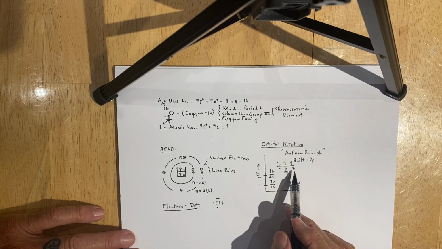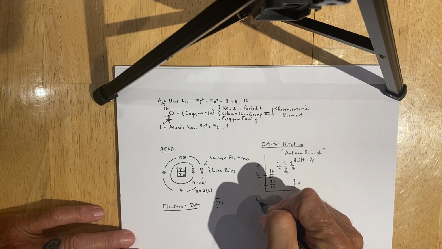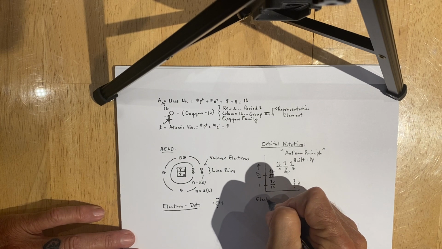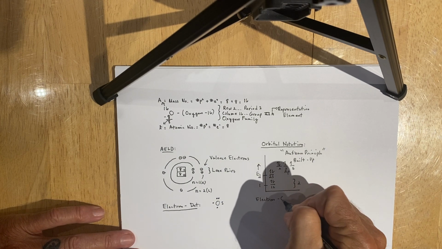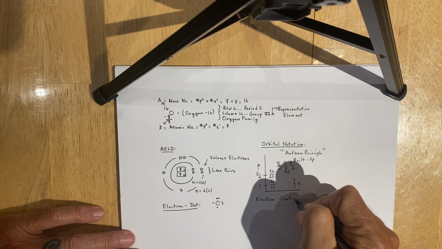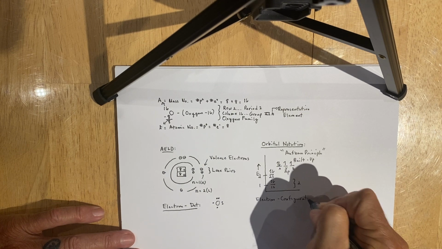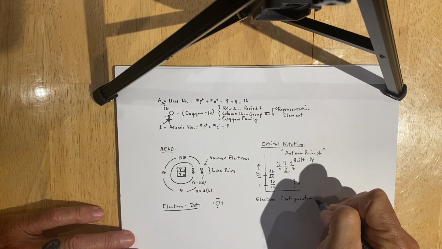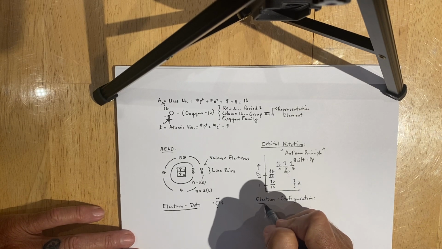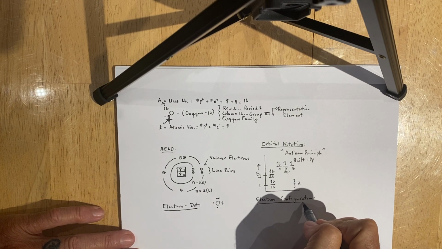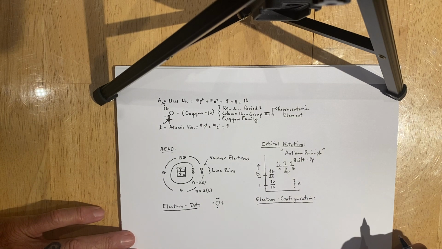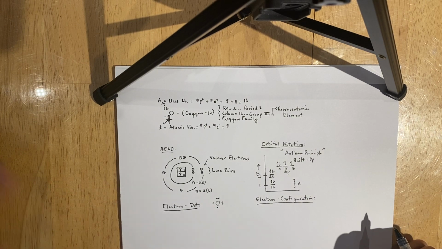To write the address for these valence electrons, we use what's called the electron configuration. The electron configuration is located on the periodic table and is the address for a valence electron in an atom.